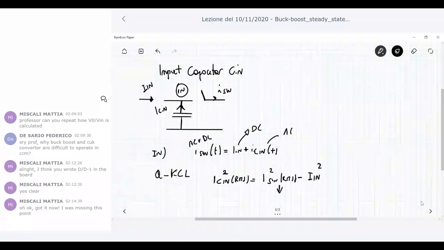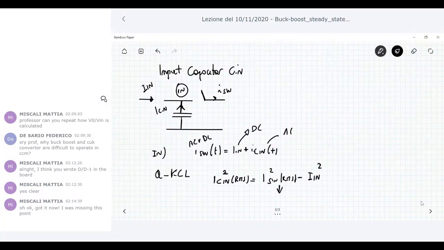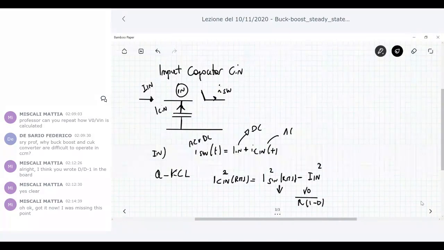We know this root mean square value of the switch, which is V naught over R, 1 minus D, square root of D.